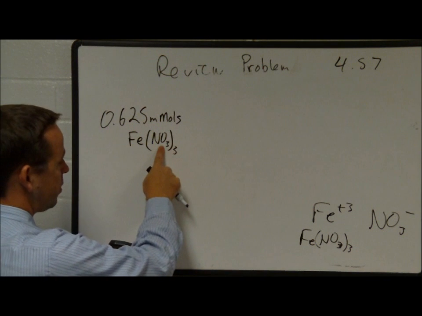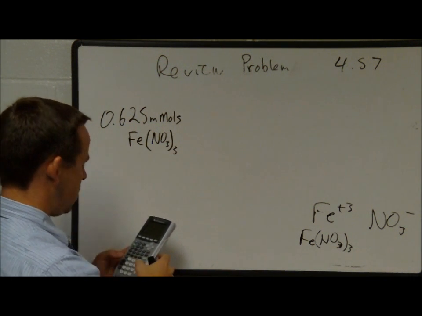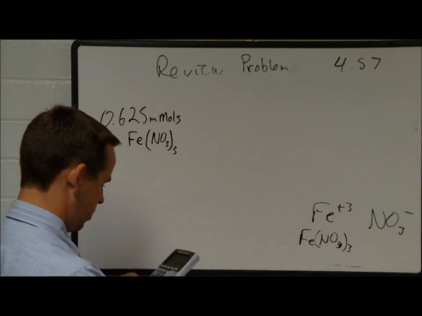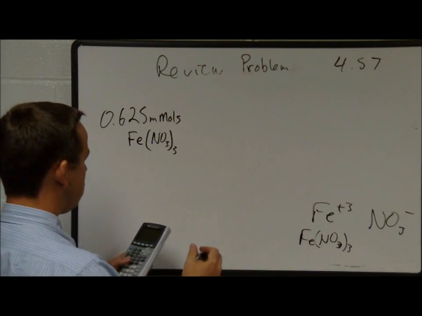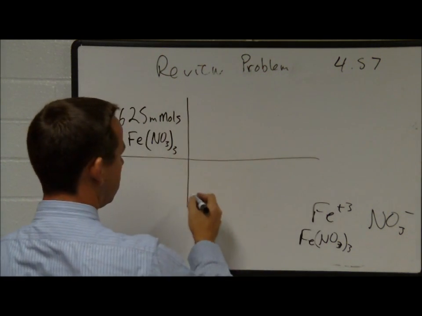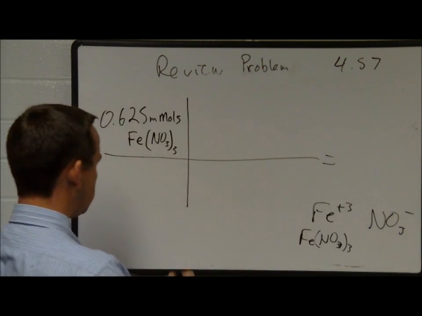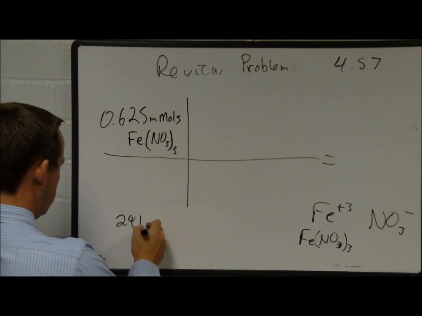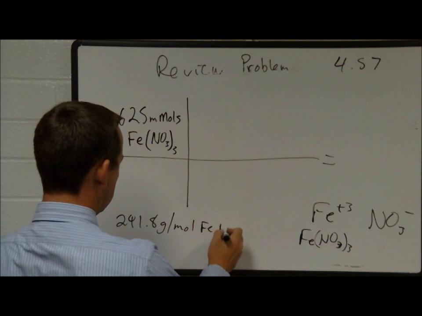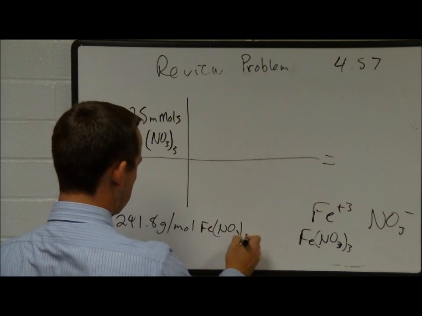Right, 16 is the mass of oxygen, and there's 9 of them. Plus 1 iron, and 1 iron was 55.8. So I'm getting 241.8. Sorry, I kind of jumped the gun. So there's 241.8 grams for every mole of Fe(NO3)3, iron nitrate.